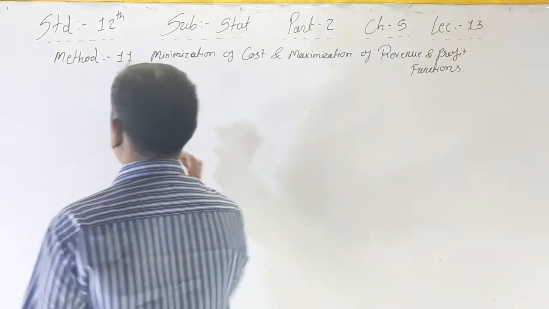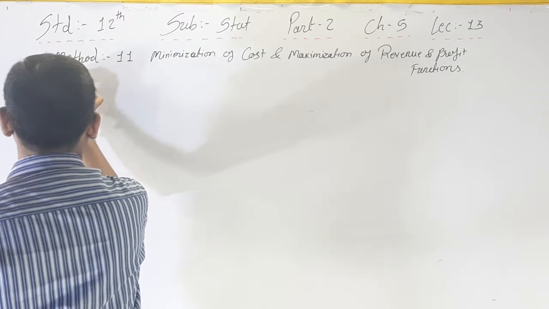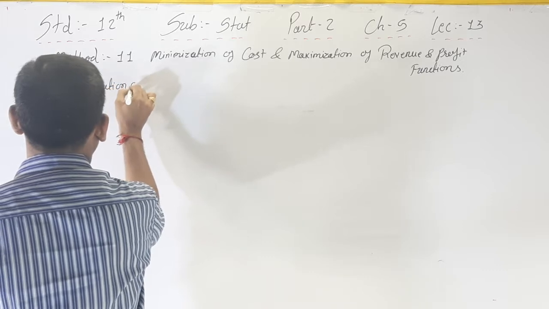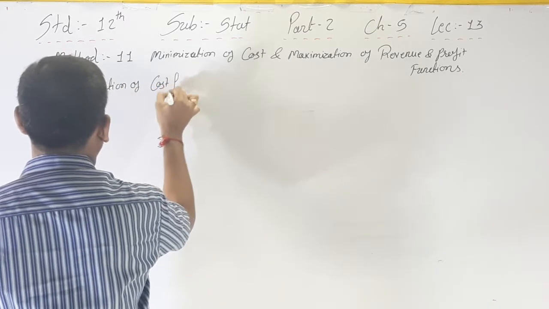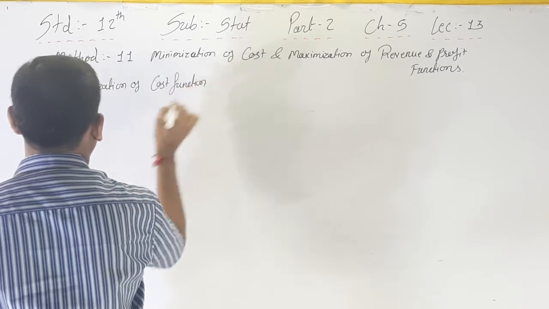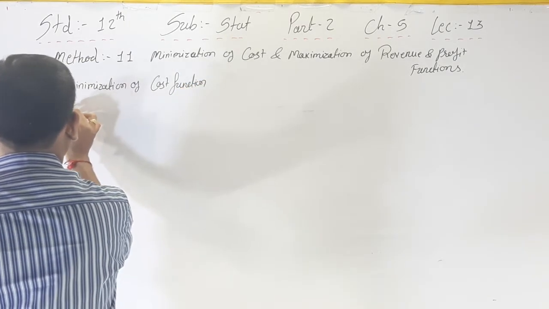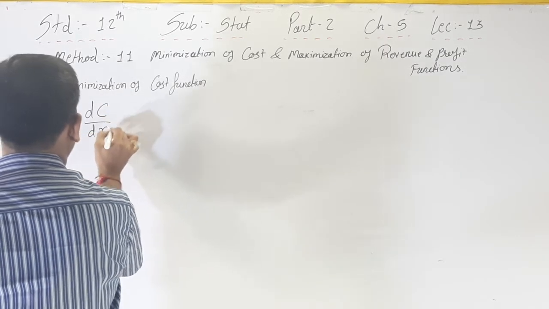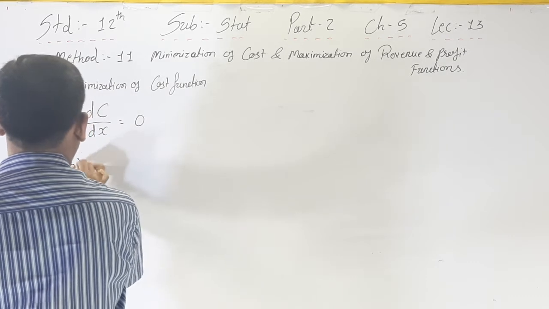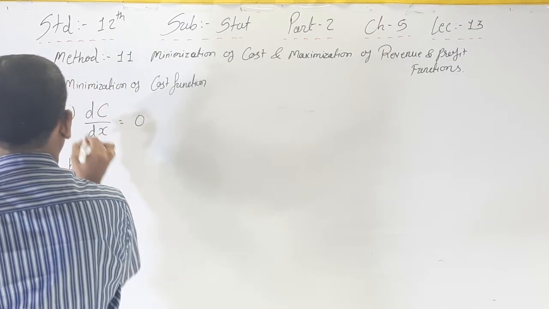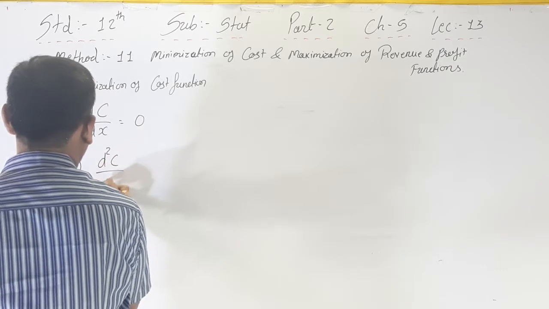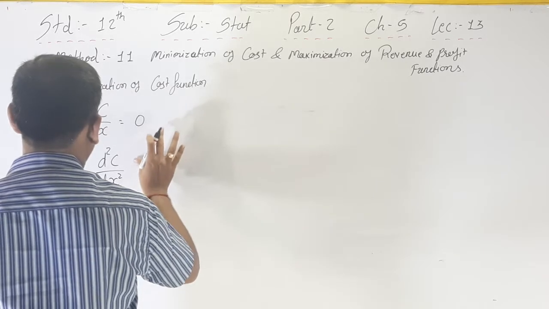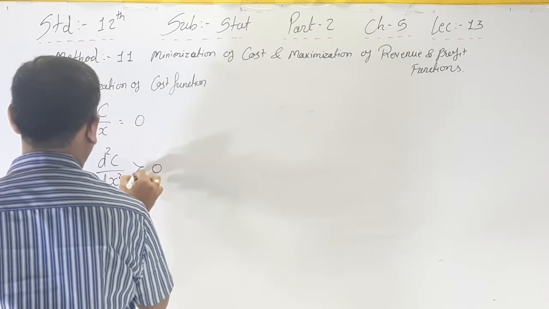Okay. First condition: dC/dx is equal to 0, and the second condition: d square C by dx square greater than 0.